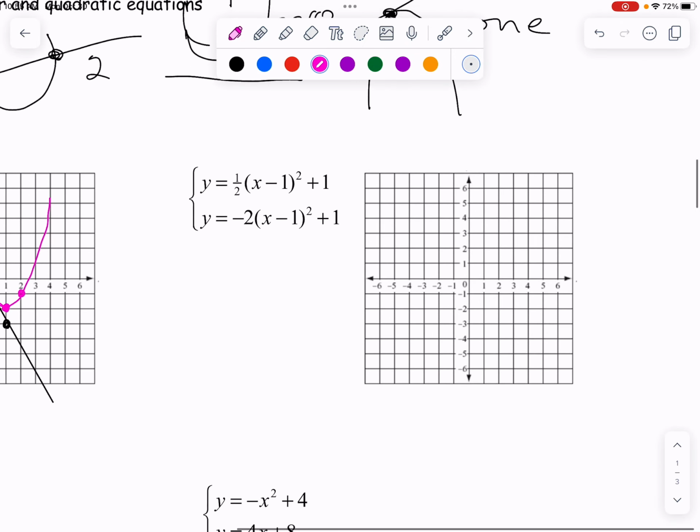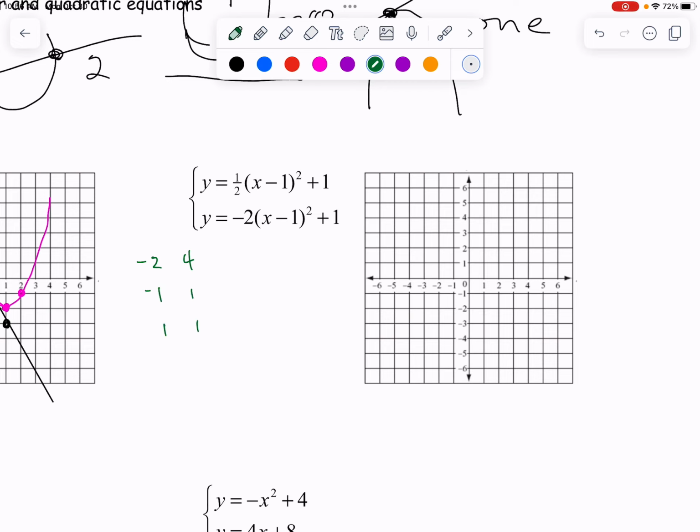Okay, the next one, these both are quadratics. For my first one, I'm going to go ahead and put my table because I will be using transformations. Guys, hopefully by now you can use transformations pretty well. So my vertex here is going to be 1, 1.